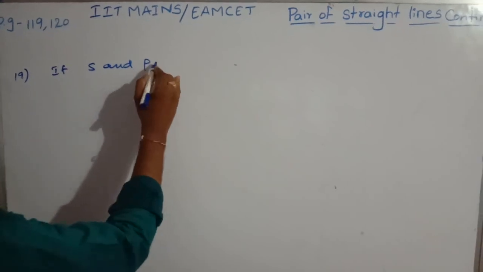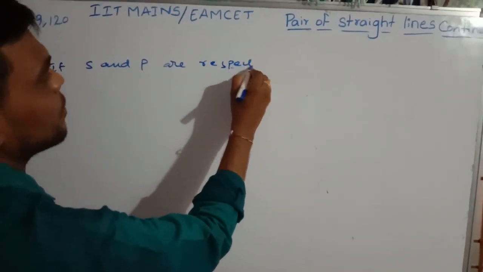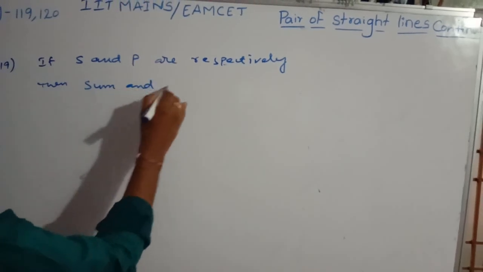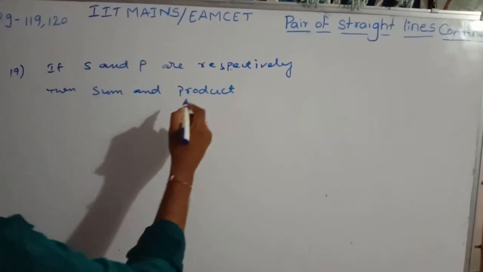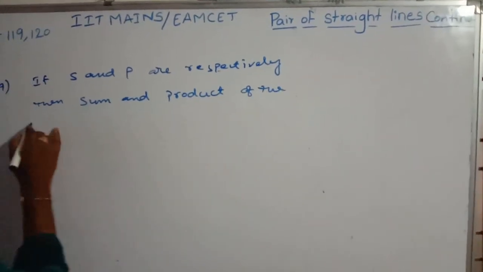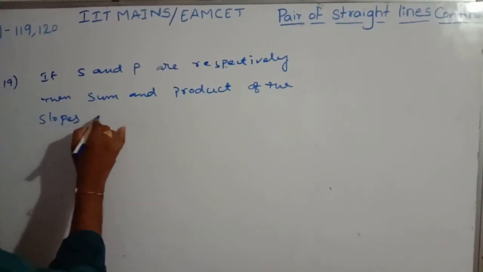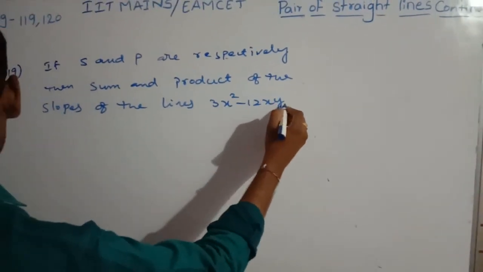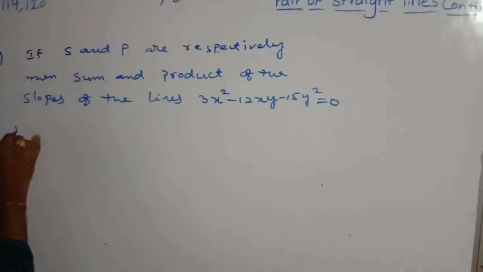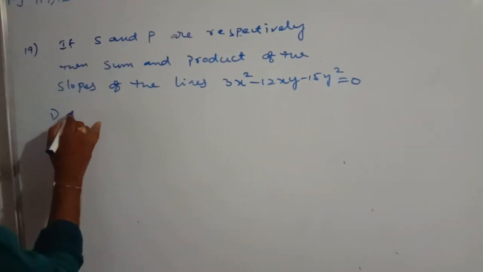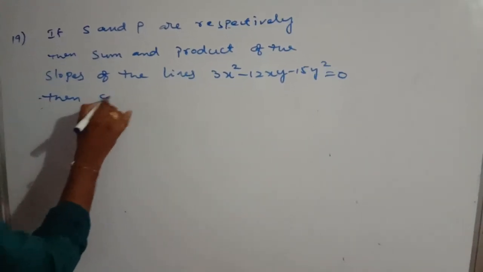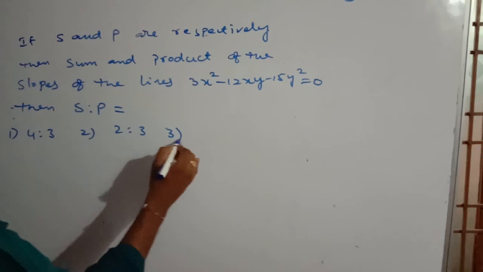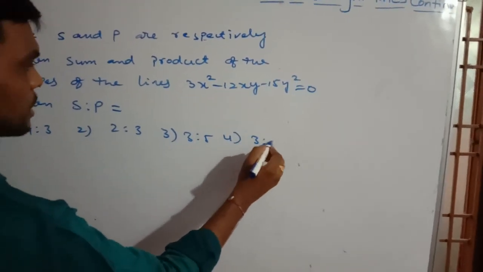If S and P are respectively the sum and product of the slopes of the lines 3x square minus 12xy minus 15y square is equal to 0, then S is to P is equal to, now the options are 4 is to 3, second option 2 is to 3, third option 3 is to 5, and fourth option is 3 is to 4.